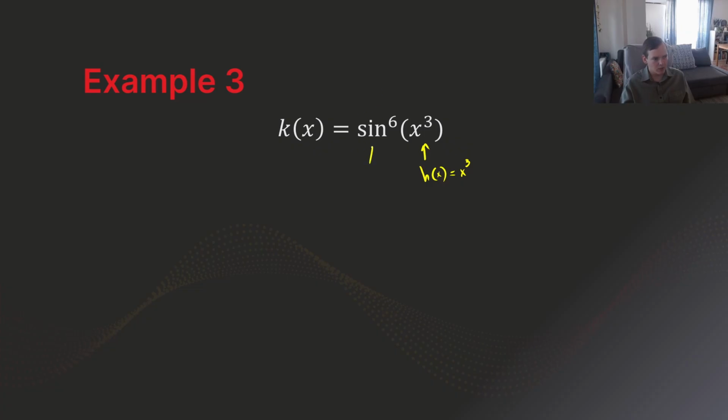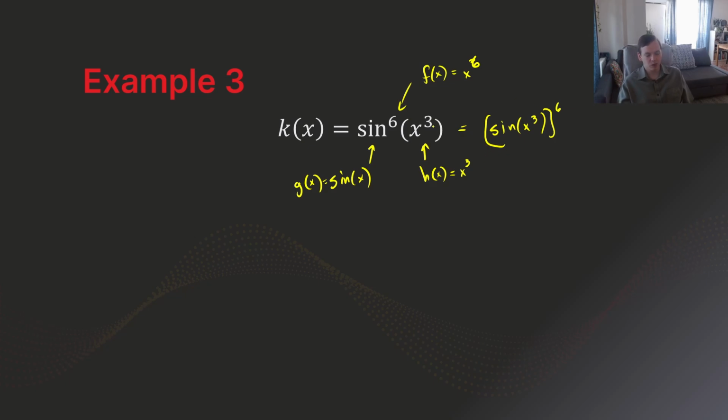Then I have sine of x as my g of x. And then I have an f of x equal to x to the 6th. If it's easier to see it, you can imagine this as sine of x cubed to the 6th.